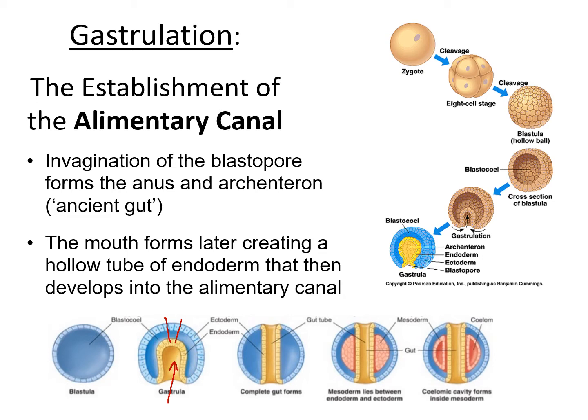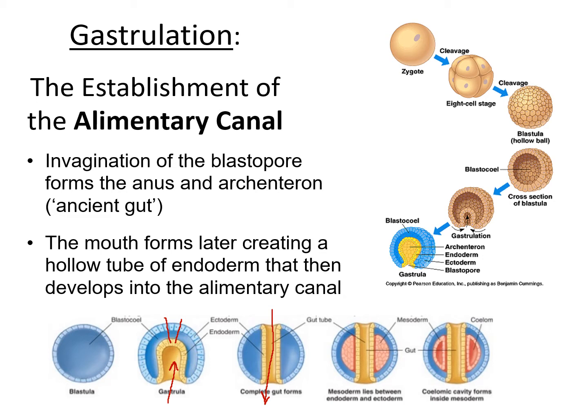The very first opening that forms, the blastopore, at the bottom of the gastrula there in the second diagram, that opening becomes the anus. And later on, that second opening that forms becomes the mouth. So in this third diagram here, we have this flow-through tube. The top is the mouth, and the bottom is the anus.